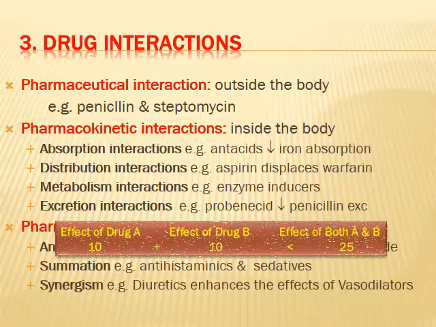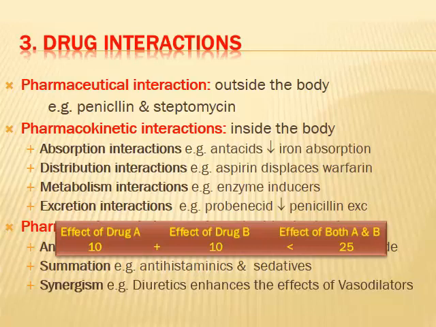2. Synergism, that is, the net effect is greater than the sum of the individual effects of both drugs, e.g., you may give a vasodilator drug, or a diuretic drug, to treat hypertension. Each one, when given alone, lowers the blood pressure by 10 mm mercury.